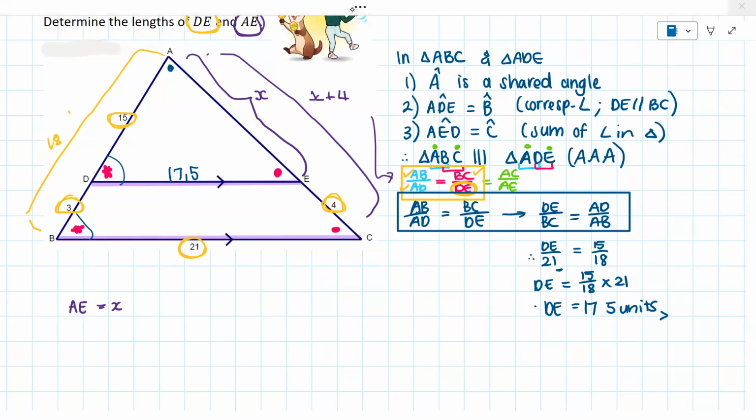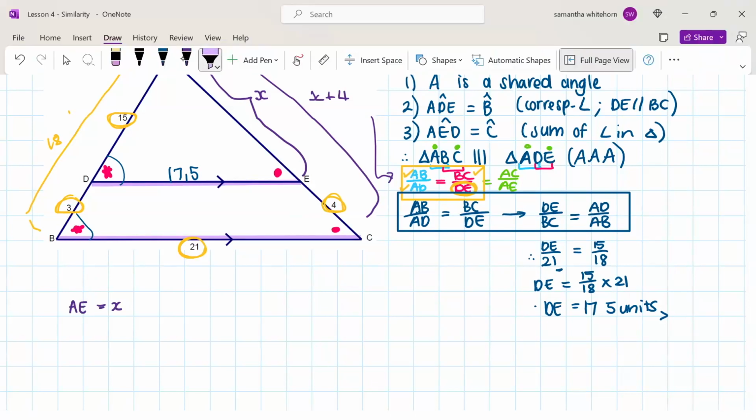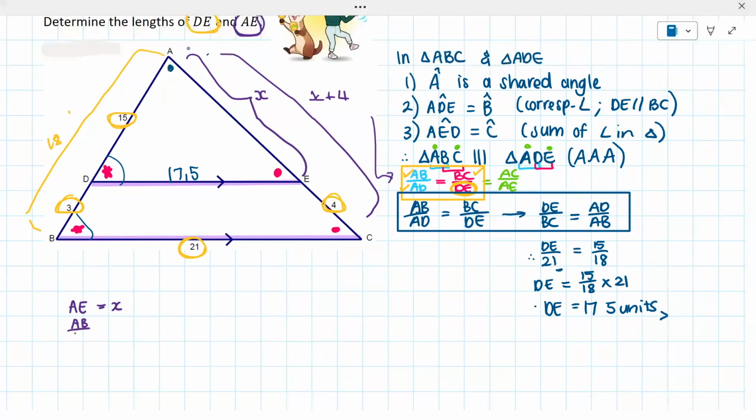I'm going to rewrite all of these ratios. AB over AE. We're looking for AE, so that's that one there. So I'm definitely going to have to use that fraction. And remember, we know what AC is in terms of X.